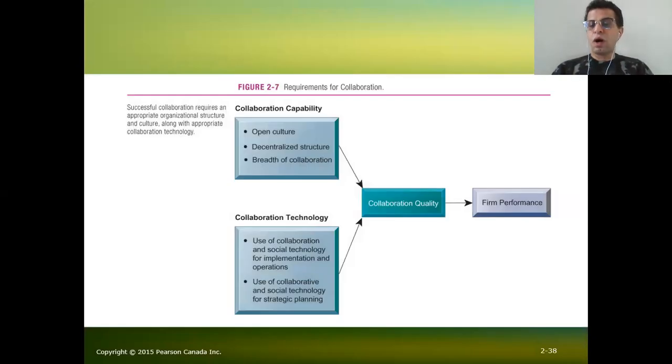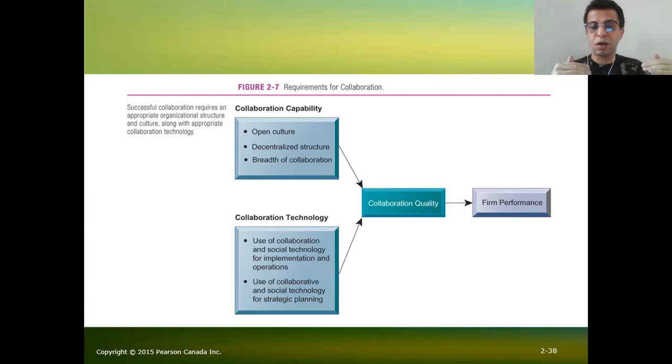So what are the requirements for collaboration? There are two things that you require for collaboration. One is collaboration capabilities, and the second is collaboration technology. Collaboration capability is within the humans: you have an open culture of communication, you have a decentralized, flat structure, and you have a breadth of collaboration.